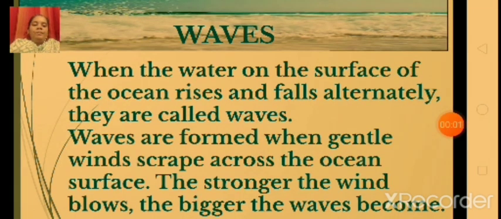So, children, waves are formed when the gentle winds scrape across the ocean surface. The stronger the wind blows, the bigger the waves formed. Now, tsunami is a Japanese word that means harbor waves. Why harbor waves?